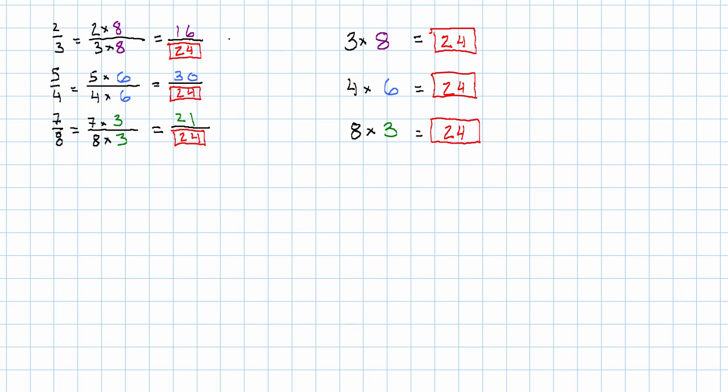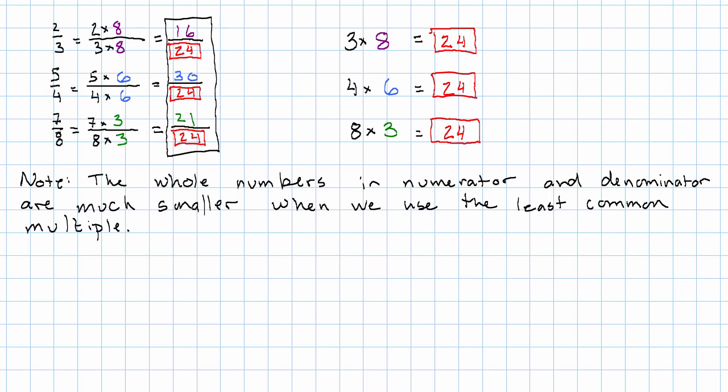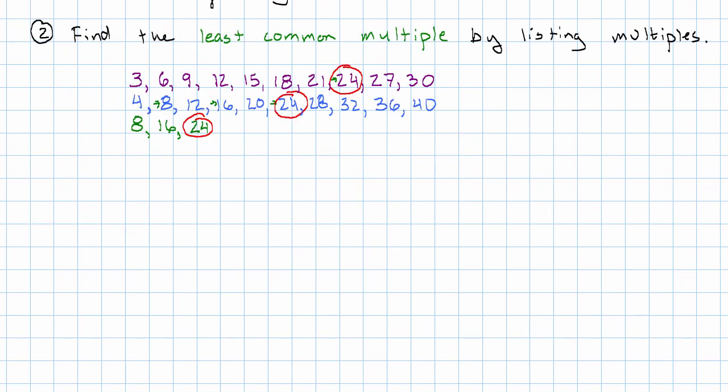Notice that again, we have equivalent fractions with the same denominator, but the numbers appearing in the numerator and denominator are much smaller. Alright, so we have one method of finding the least common multiple, simply by listing the multiples.